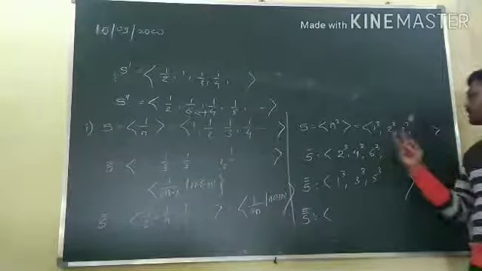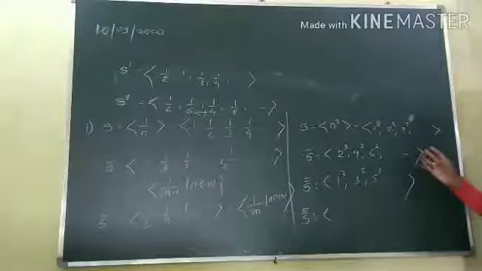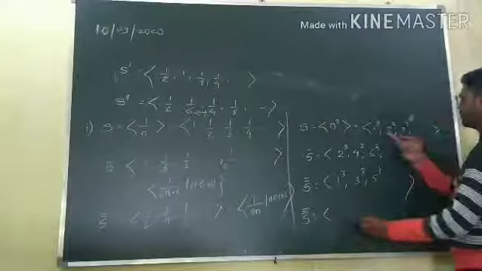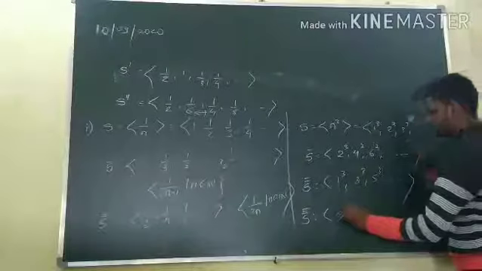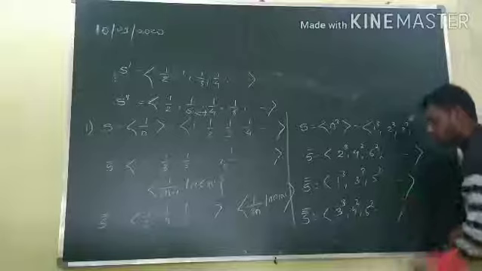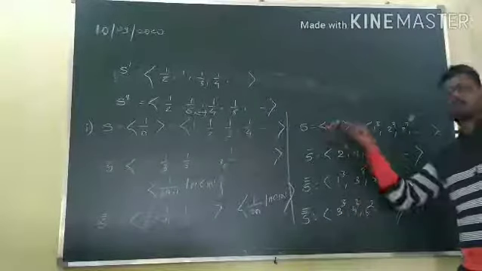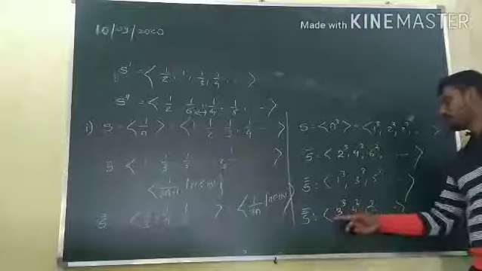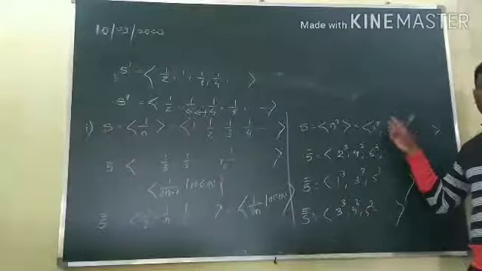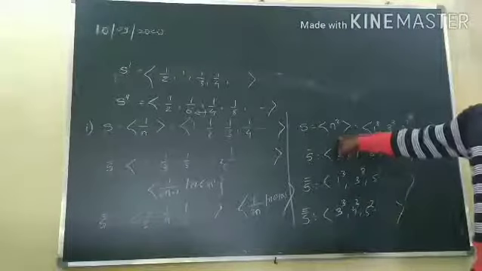We delete these two numbers and write the rest of the original sequence as it is. So we start from 3 cubed, then 4 cubed, then 5 cubed, and so on. This is also a subsequence of s, since all the elements are taken from the original sequence and the order is maintained.